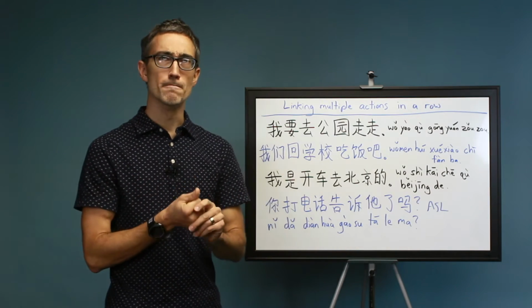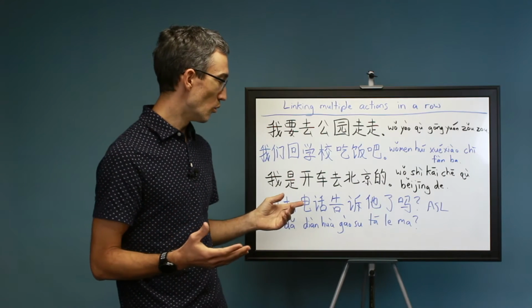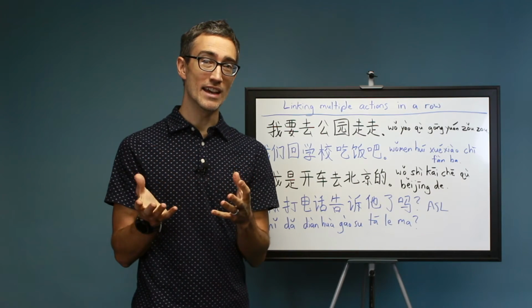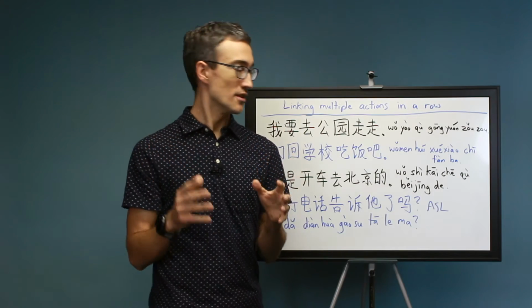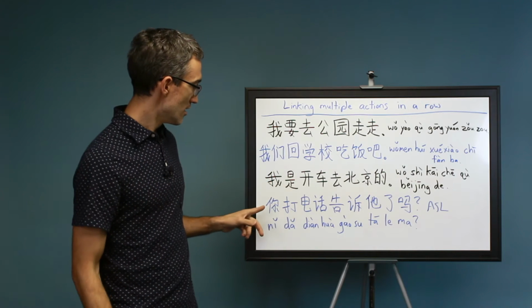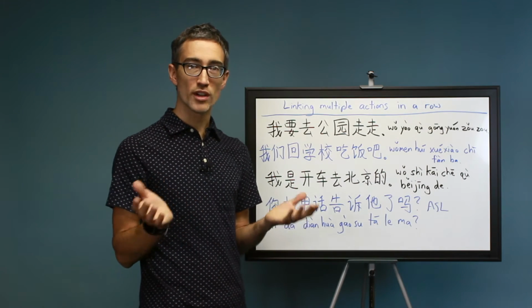A lot of English speakers will want to insert the word 和, which means and, in this kind of sentence. But remember, 和 links nouns, not verbs or separate independent clauses, so it can't work here. Also, no connecting word is necessary.